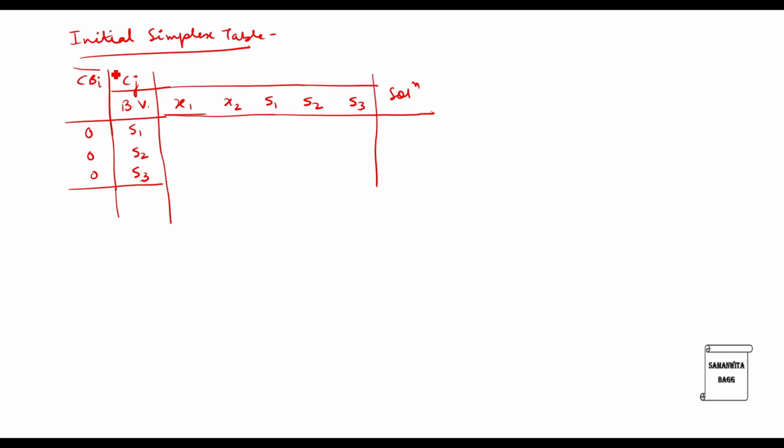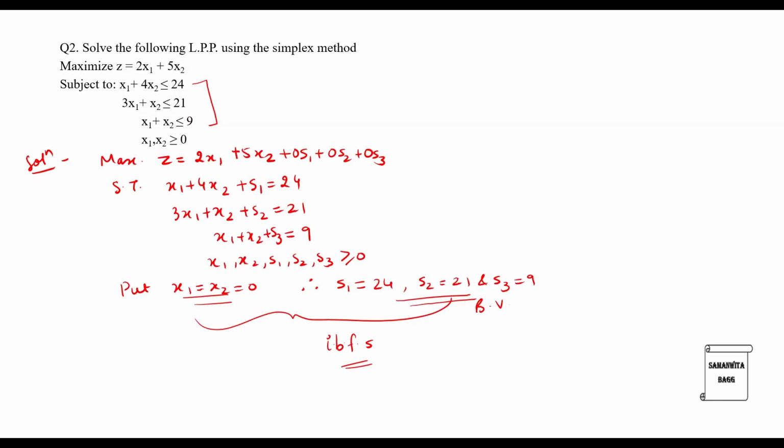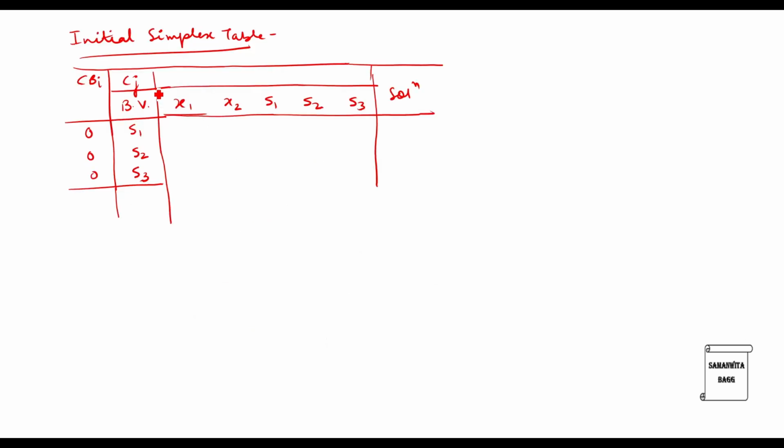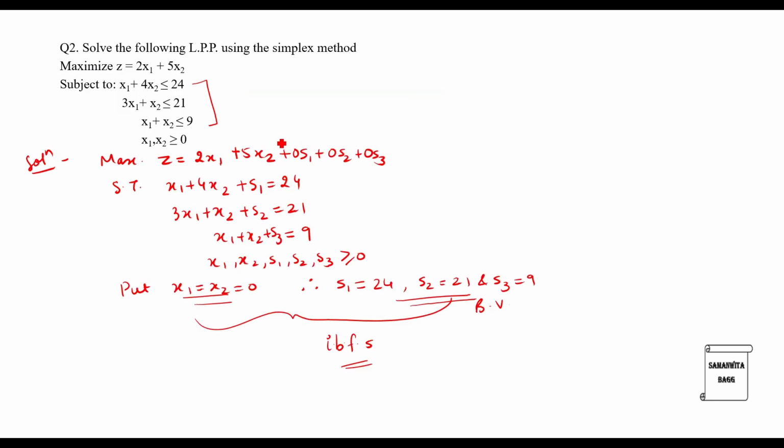We will write over here the coefficients of each variable from the equation of Z. So you can see x1 is 2, x2 is 5, s1 is 0, s2 is 0, s3 is 0. So I'll write here 2, 5, 0, 0, 0. Next, in these three rows, I will write down the coefficient of each term of x1, x2, s1, s2, s3.